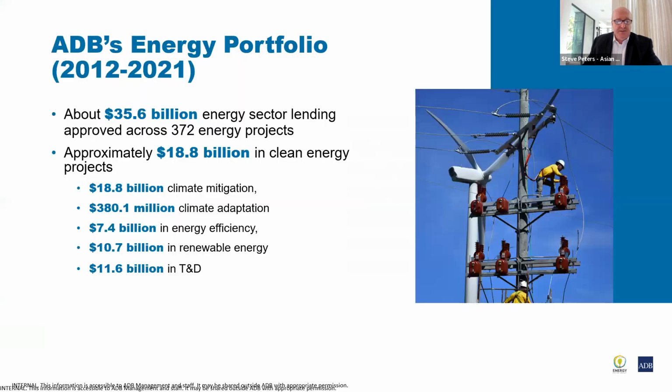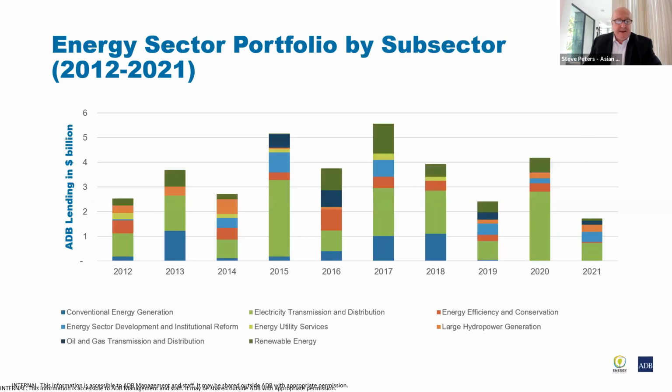So ADB's portfolio for the last 10 years has been about $36 billion US. About 19 of that was in climate mitigation and about 380 million in adaptation. About 7.4 billion in energy efficiency. So there's a range of activities that we engage in. You can see over each year, there's a big change in exactly what we're doing, and that is in response to the requests from our developing member countries.